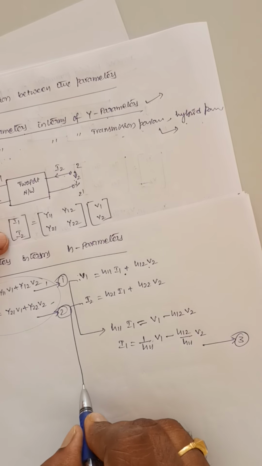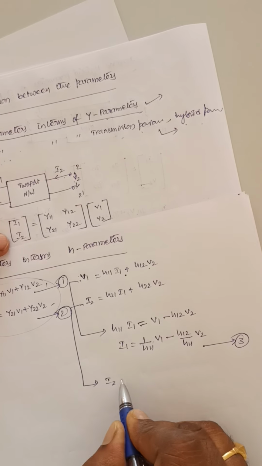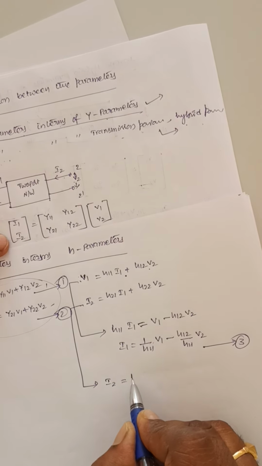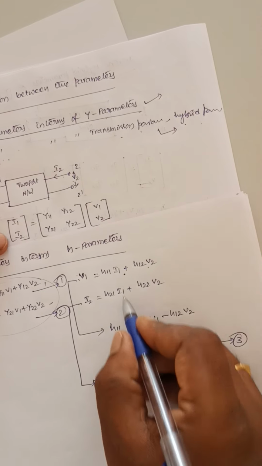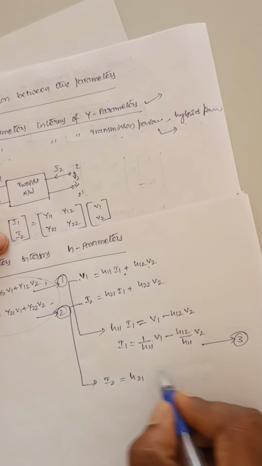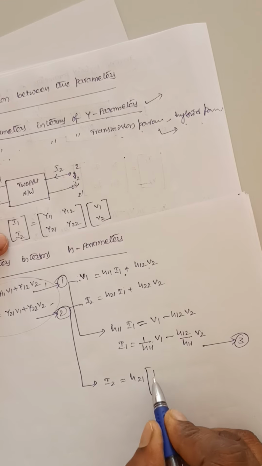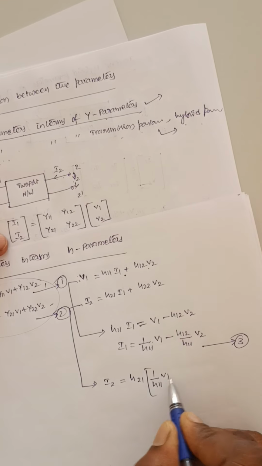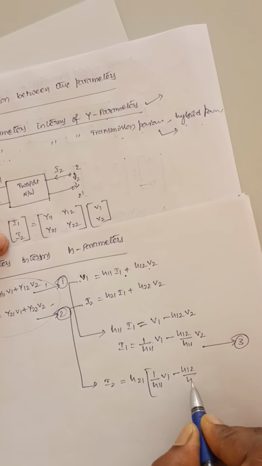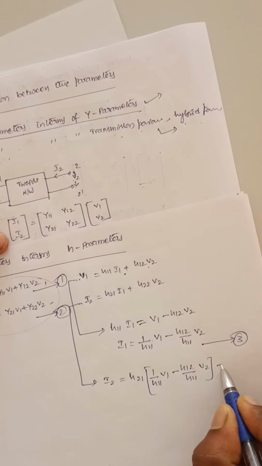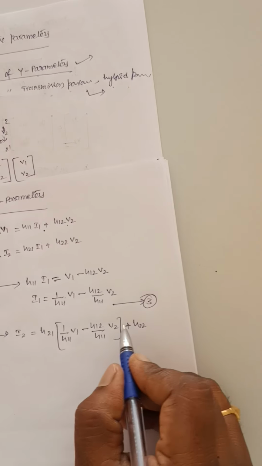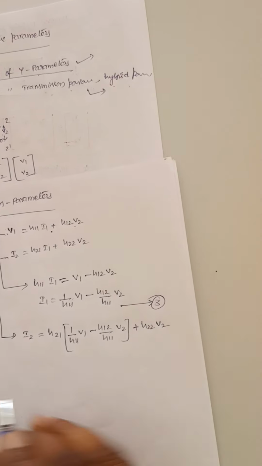From this, I2 is equal to H21. Instead of this I1, write these things here. That is 1 by H11 into V1 minus H12 divided by H11 into V2, plus H22 into V2.